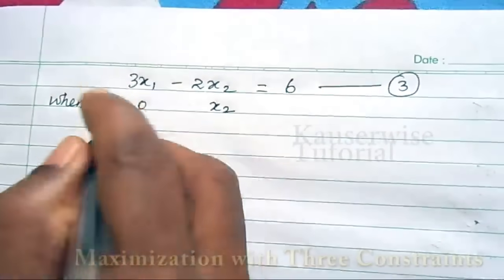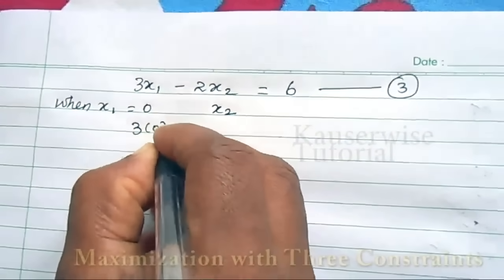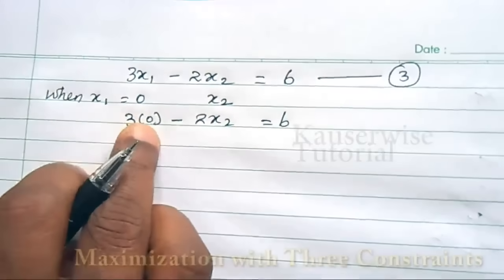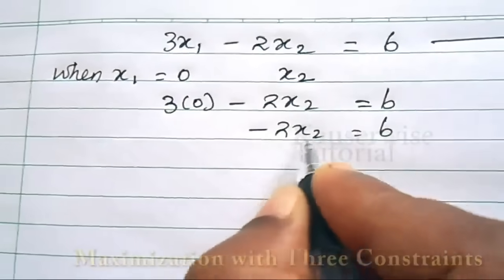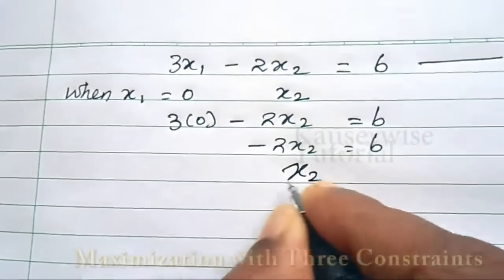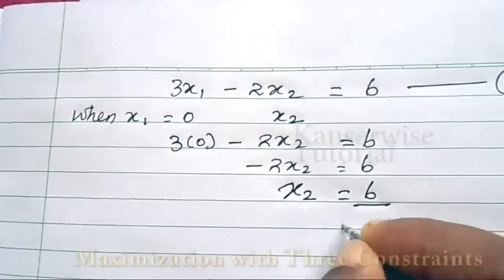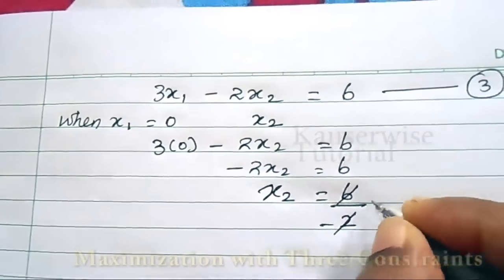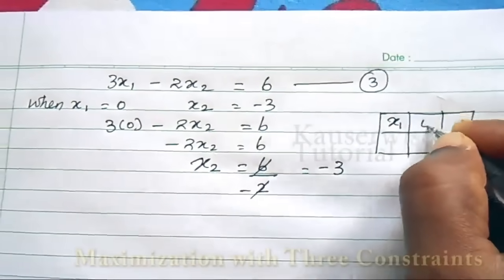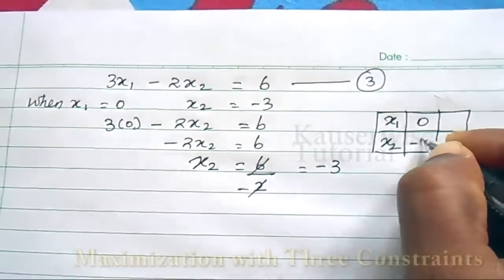Let's apply this value in the equation. 3 into 0, 0 minus 2x2 is equal to 6. So x2 is equal to 6 divided by minus 2. So x2 is equal to minus 3. When x1 is equal to 0, x2 value is minus 3.